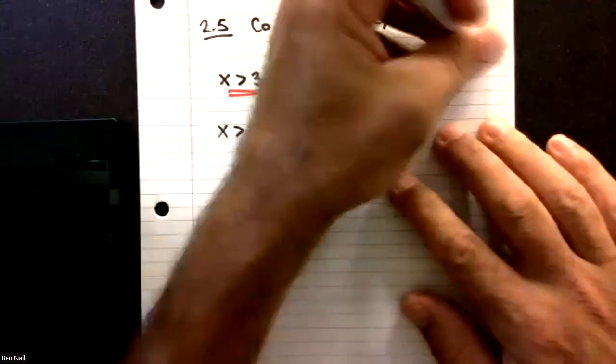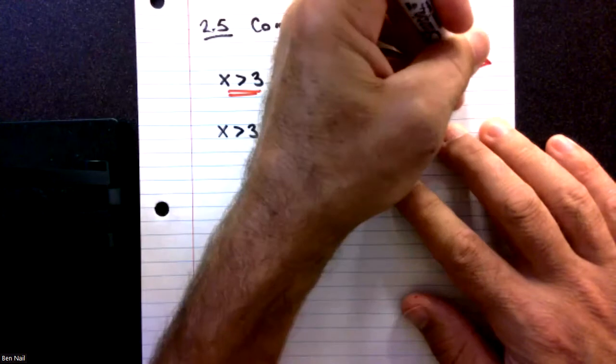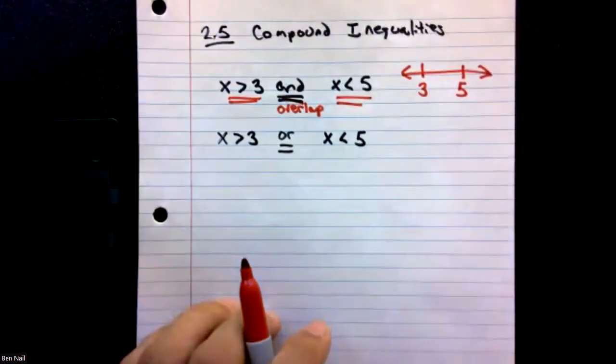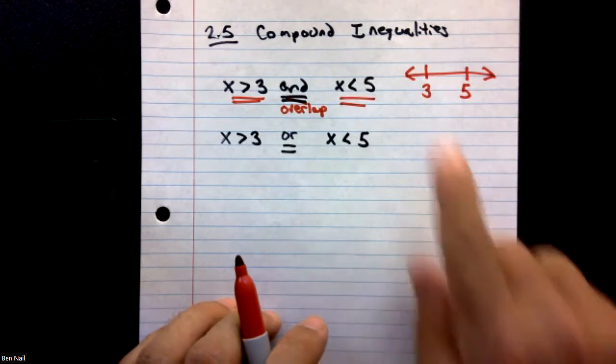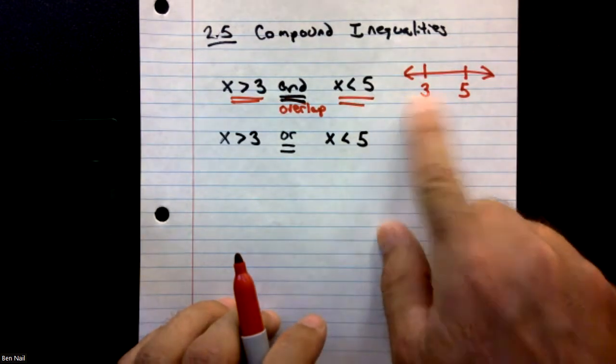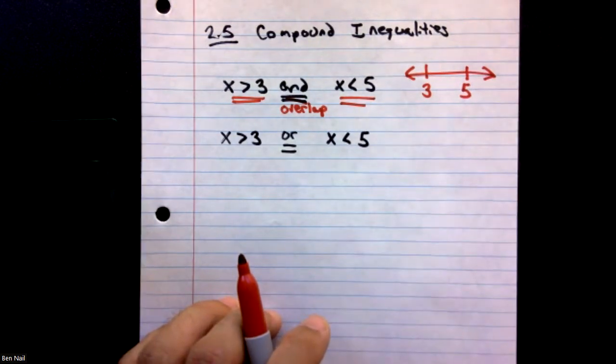So graphically, what that looks like, we're talking about 3 and 5. Also on a number line, it's important to remember smaller numbers go to the left, bigger numbers go to the right. If you invert those, that's going to screw stuff up. So pay attention there. The smaller number goes to the left, bigger number goes to the right.